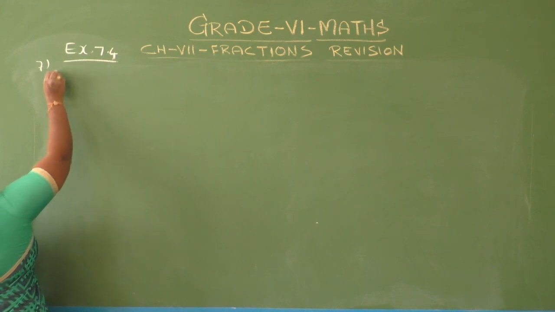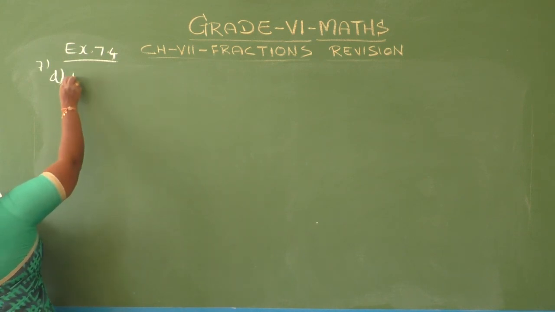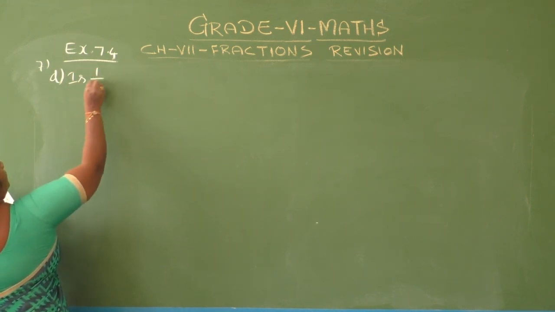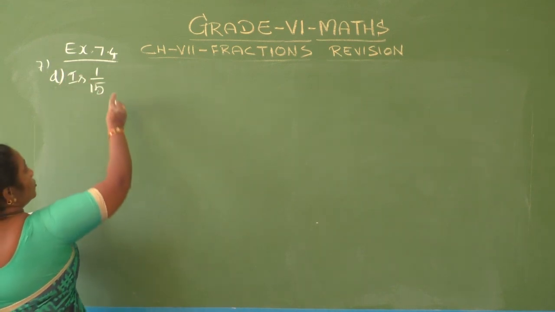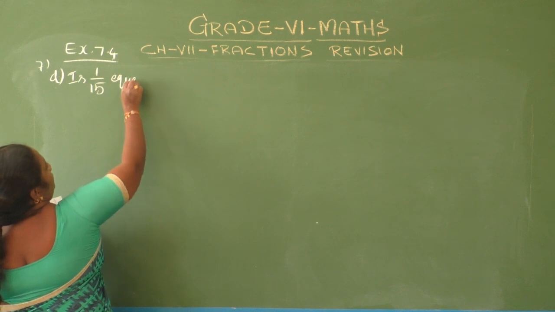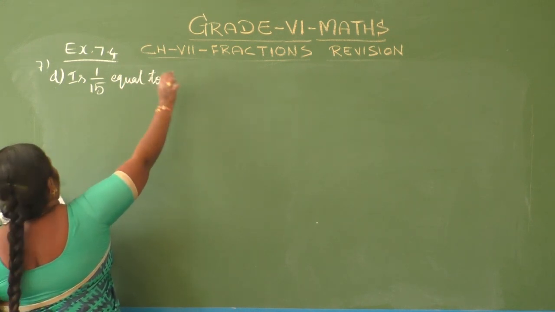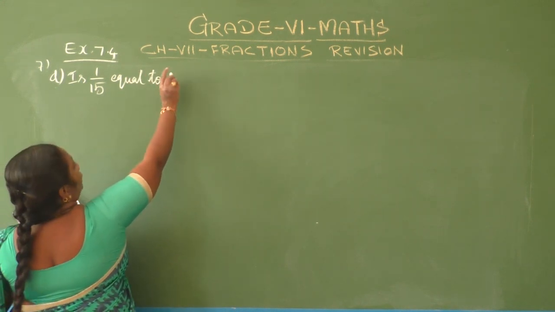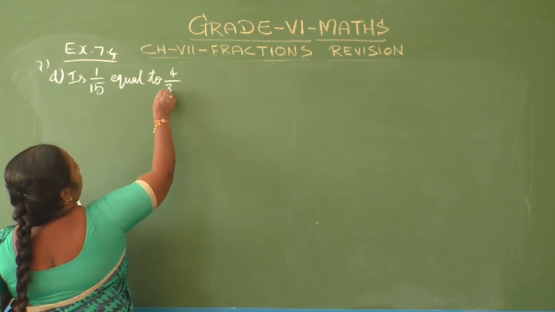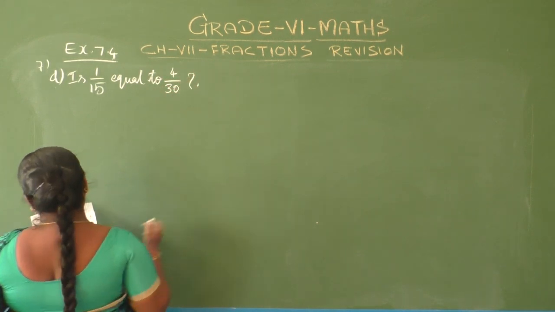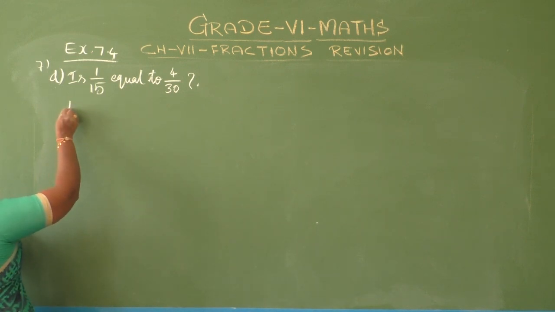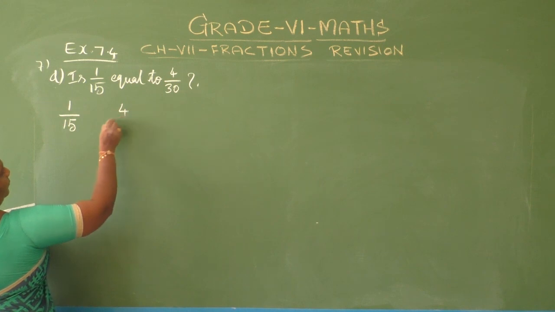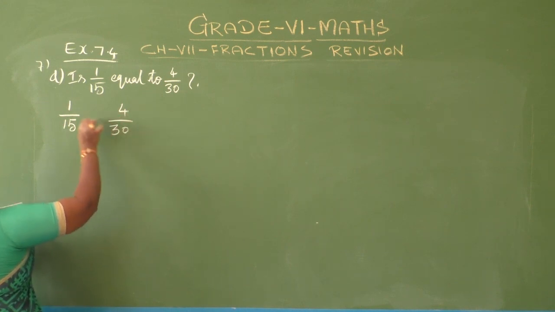D sum is 1 by 15 equal to 4 by 30. So how can we find the answer? By cross multiplication. So 1 by 15, this side 4 by 30.